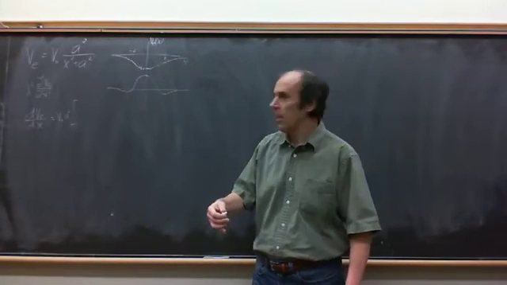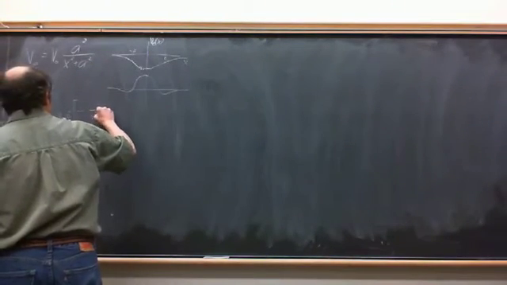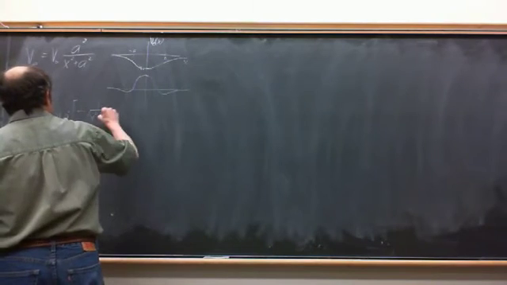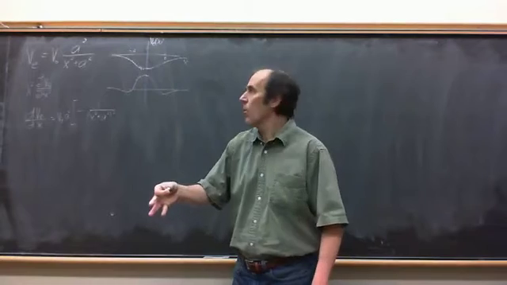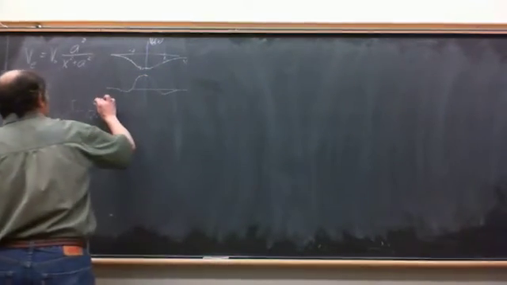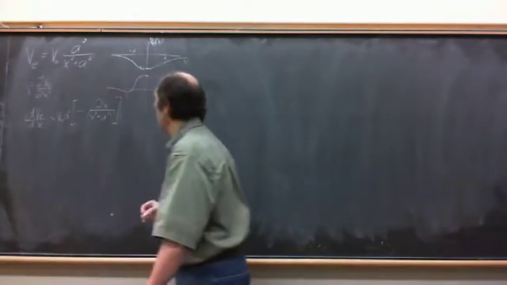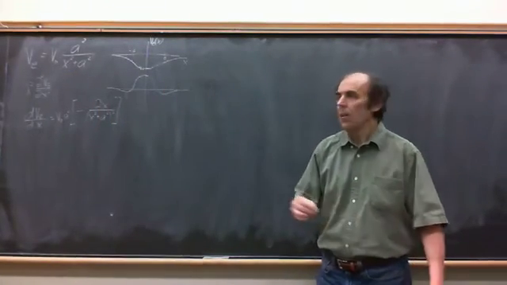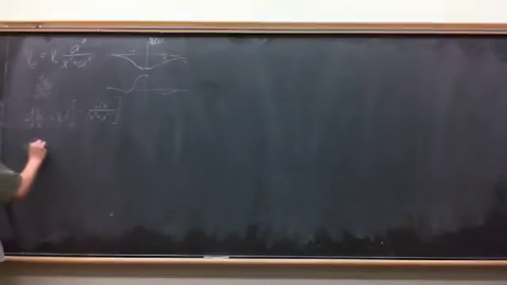The derivative is minus 1 times x squared plus a squared to the minus 2, which would be like this squared, and then the chain rule times the derivative of the stuff inside the parentheses, which is 2x. That's the first derivative. The second derivative is harder because now you've got a product rule.